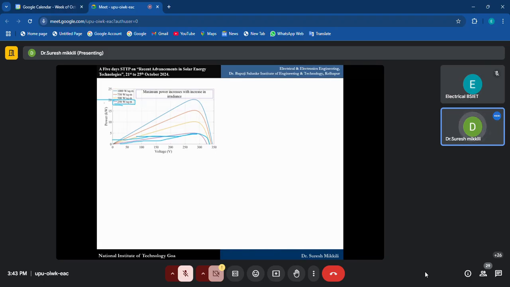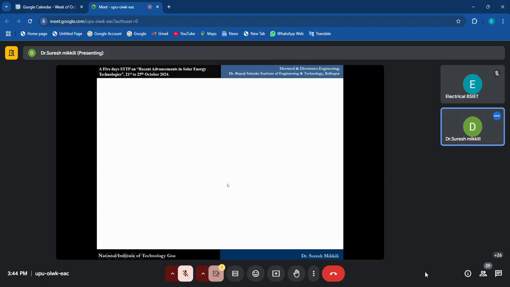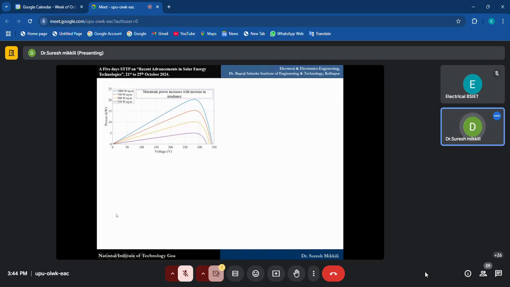When irradiance is 250 watt per meter square, this is the curve we are getting. Here the current is approximately 3 amperes, and I am getting 330 volts. 250 watt per meter square is the highest shading.